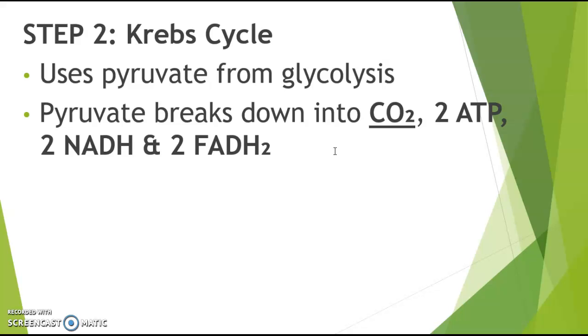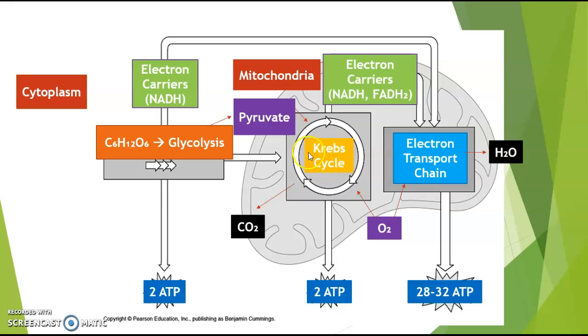Let me show you the diagram again for step 2. So here is now step 2, your Krebs cycle. Looking at what goes into this reaction, we have pyruvate again coming in to power the cycle. We have oxygen going into the cycle, and we have 2 more ATPs being produced, as well as 2 high energy molecules also being sent over to the electron transport chain.